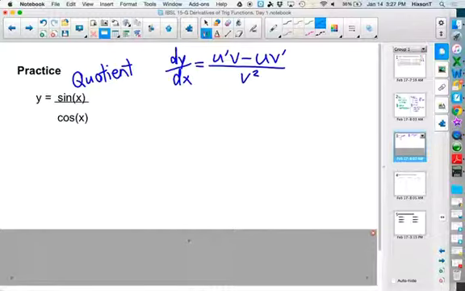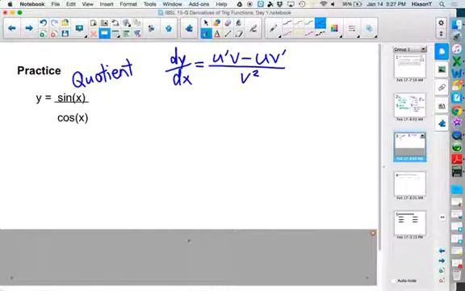Other formula. Okay. So, product rule is plus. When you're dividing, you're going to find a difference. Product rule is plus. Dividing gives you a difference. So we subtract. All right?